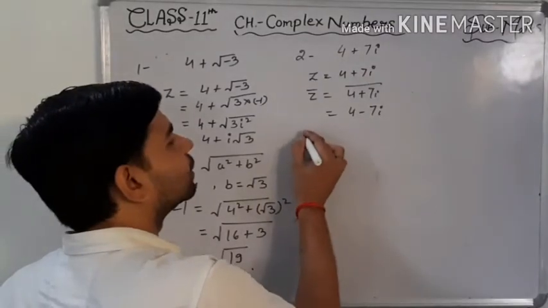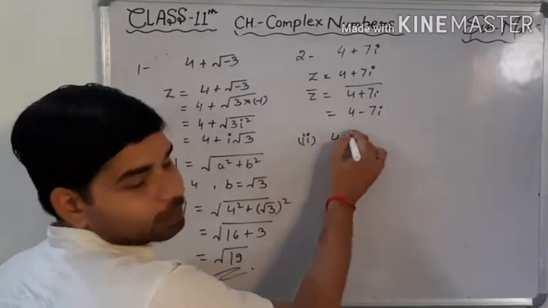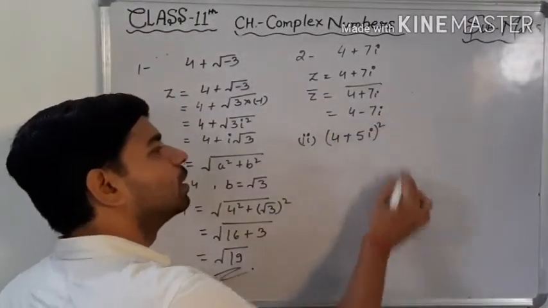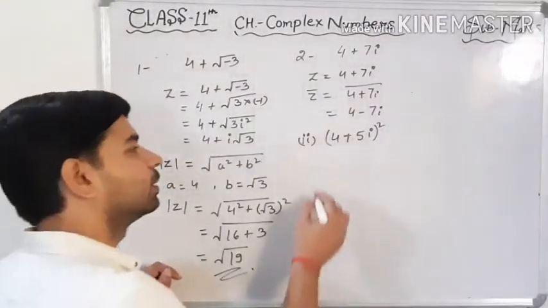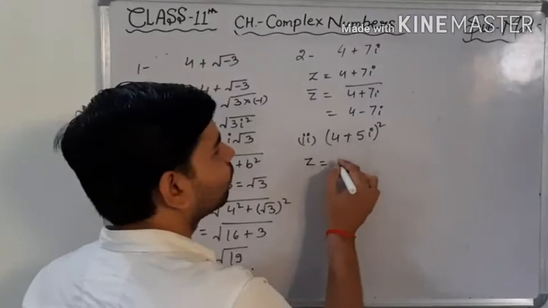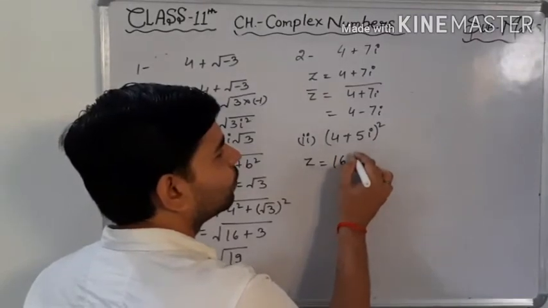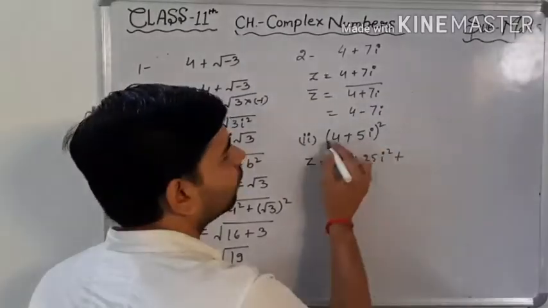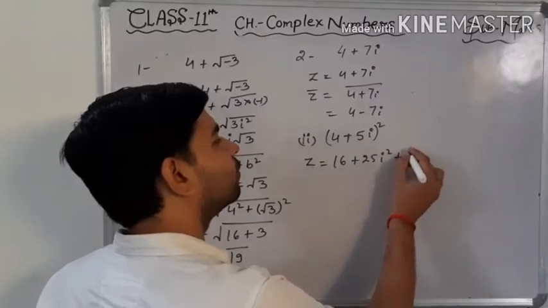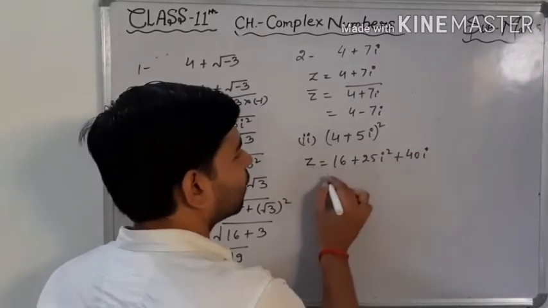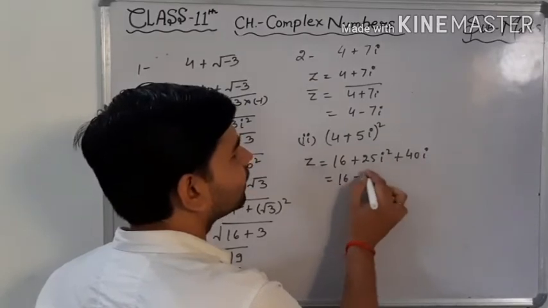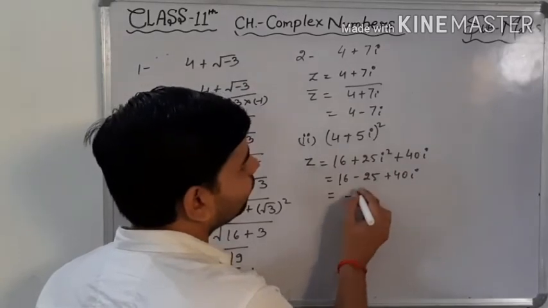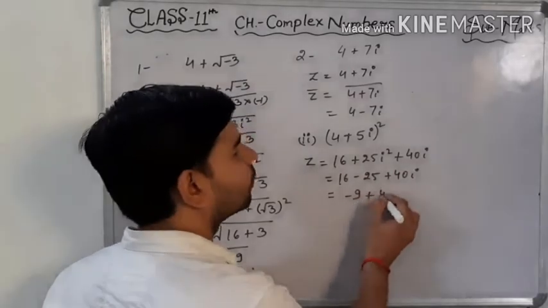Let's see one more question of this. 4 plus 5i whole square. We have to find the conjugate of this number. Then first we will open the square. This is 16 plus 25 i square plus 2 into 4 into 5, that is 40i, equal 16, and i square is minus 1, so minus 25 plus 40i equal minus 9 plus 40i.